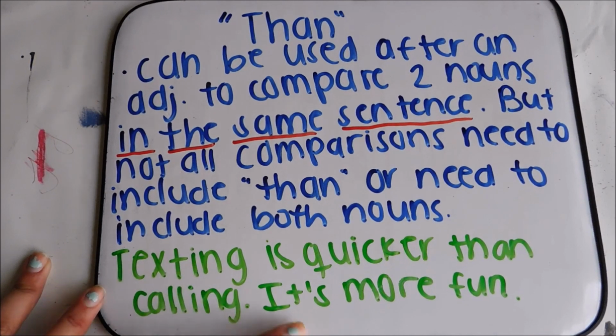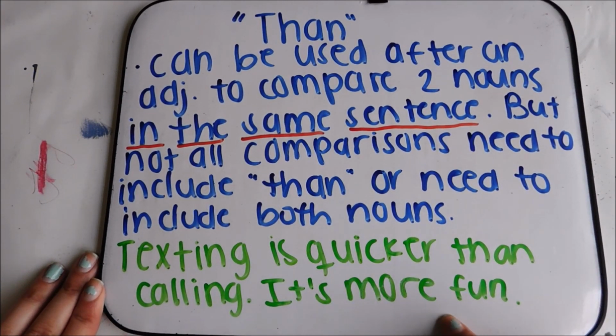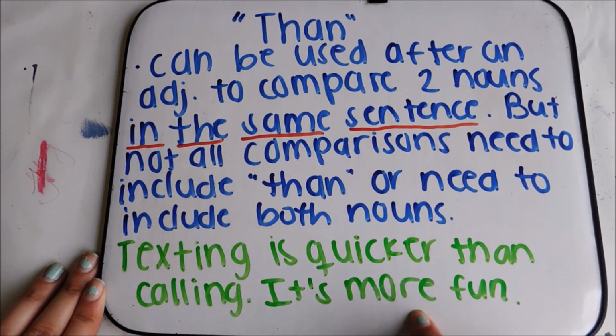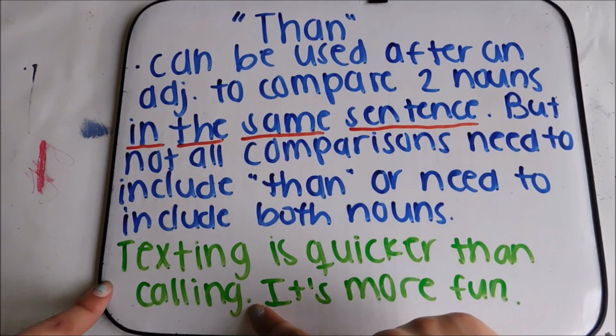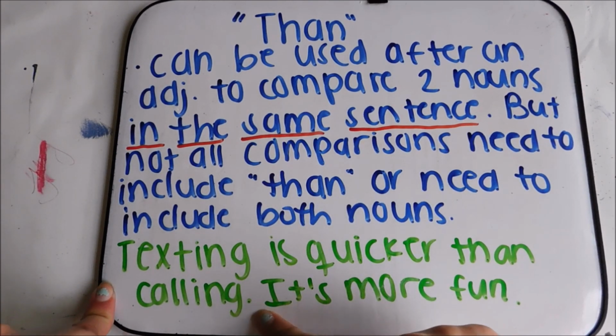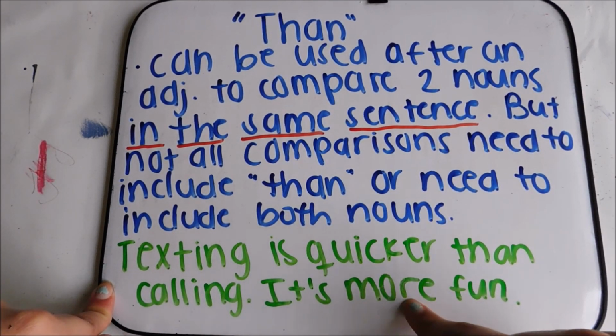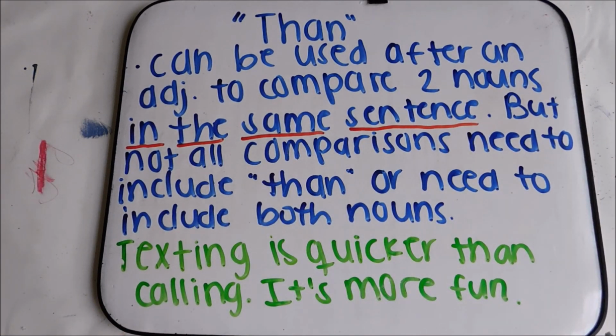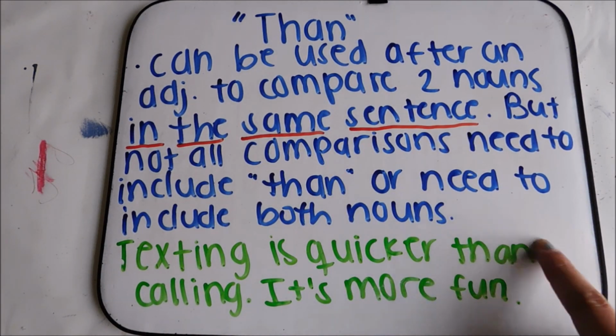It's more fun. Here, I don't need to use than because I already mentioned what is more fun. Texting is more fun than calling. I know that because of the first sentence. This is just another comparison about texting and calling. I don't need to write texting is more fun than calling again. I already know what I am comparing.